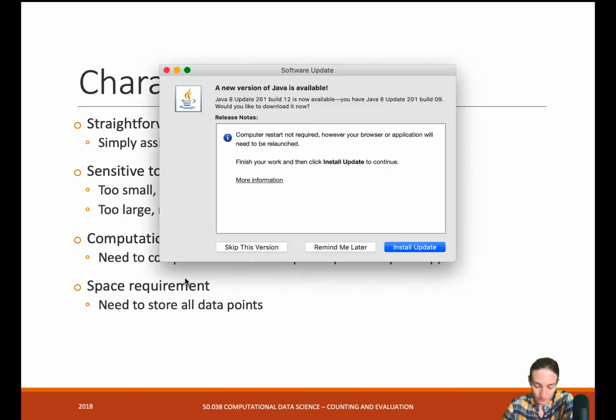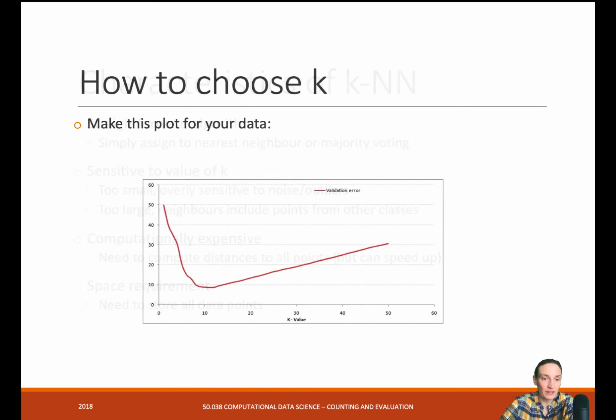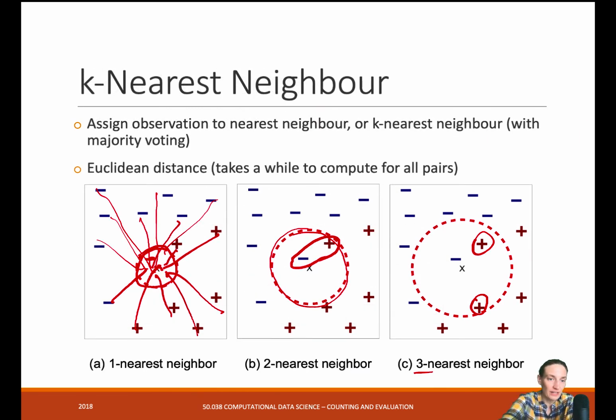It is very sensitive to the value of k, so if it's too small, it becomes overly sensitive to noise and outliers, right? Imagine if you're only looking at one neighbor in the example here, and this one is an outlier, you'd happen to choose it.